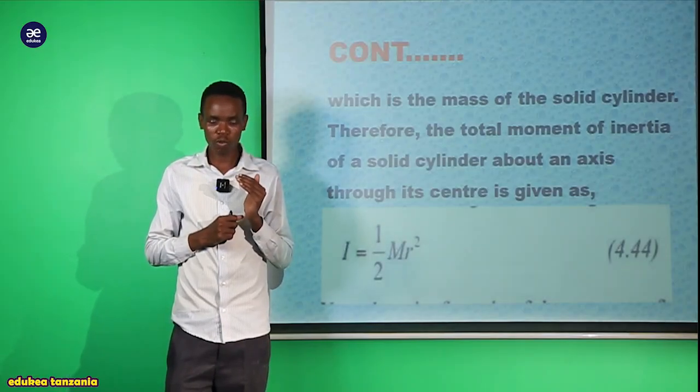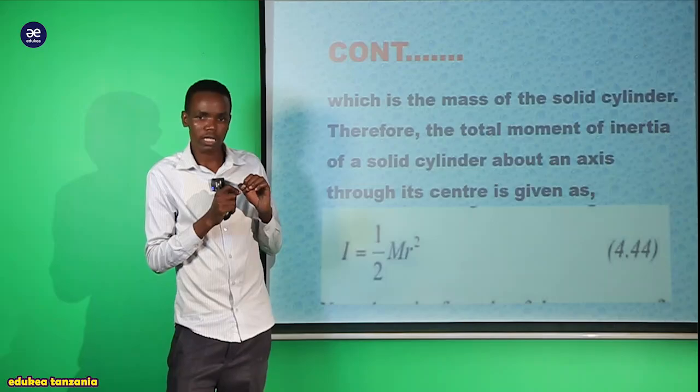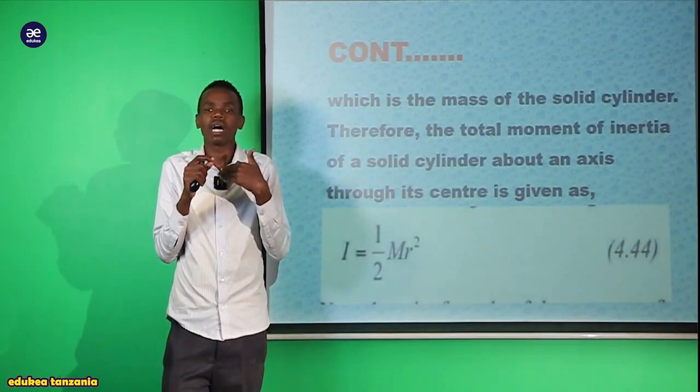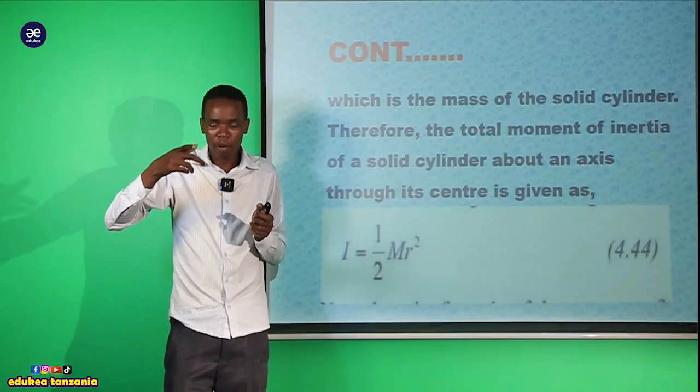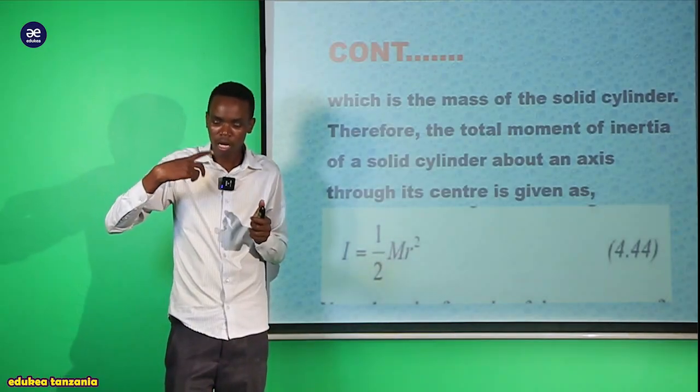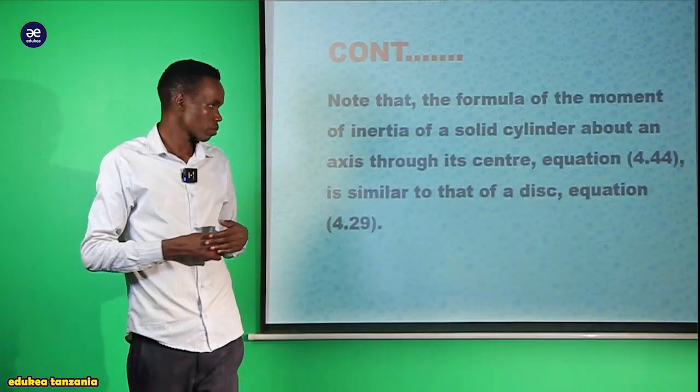Remember, we should note that we assume inside the solid sphere we have several disks that are being rotated about an axis. It means they are rotating on the axis through the center.